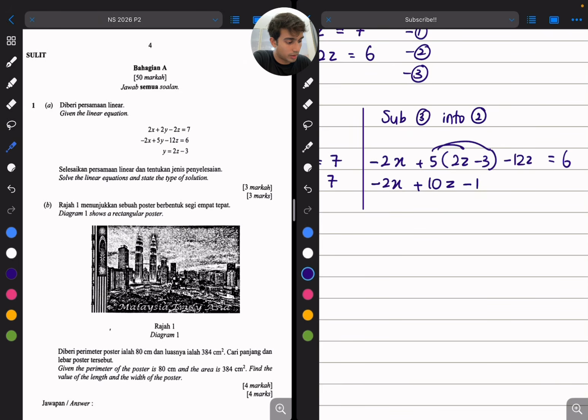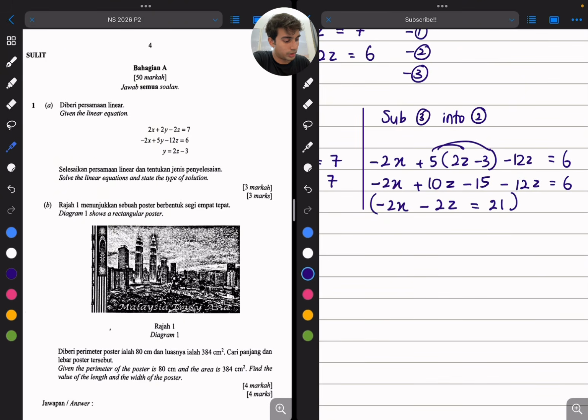Plus 10z minus 15 minus 12z is 6. Same thing, the z we can simplify. So negative 2x, 10z minus 12z is negative 2z. Negative 15 we bring over this side, becomes plus. So 6 plus 15 is 21.